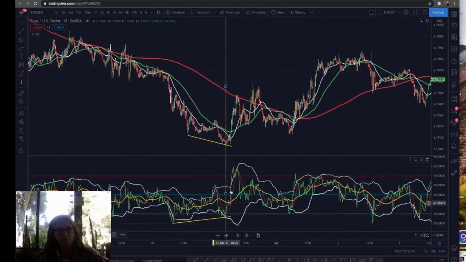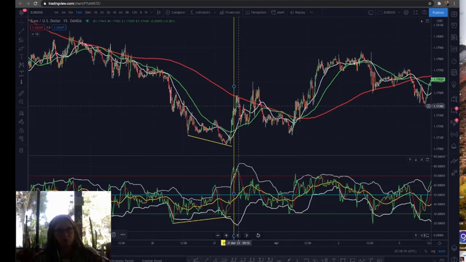On the 15-minute, we come out the top of the band. Right here. You have a choice to scalp and take your profits. At that point, you have a choice to take your profits or try and stay in the trade.